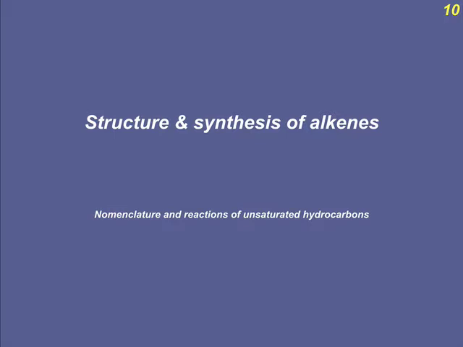Now, this is actually a good point to issue a warning that this is really the first time in this class that we're really going to get inundated with reactions. So we have learned free radical halogenation. We learned E1 and E2, SN1 and SN2. Those were general classes of reactions.